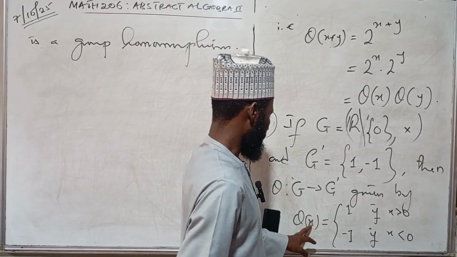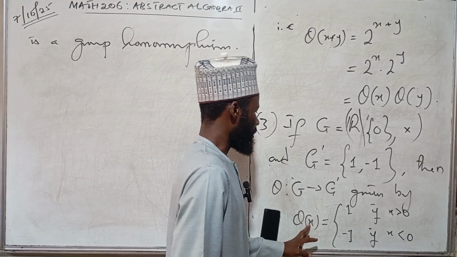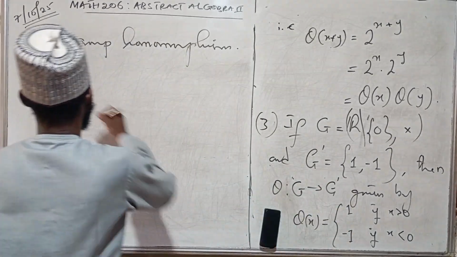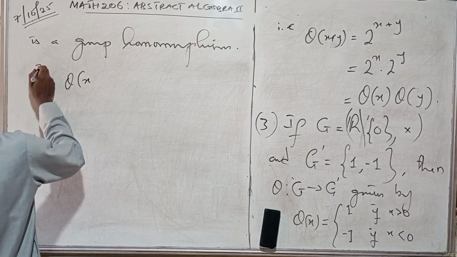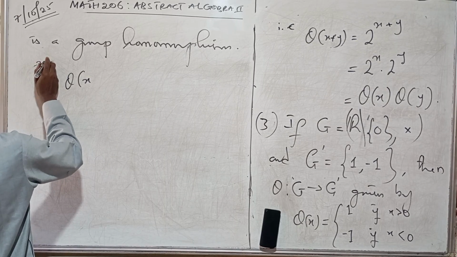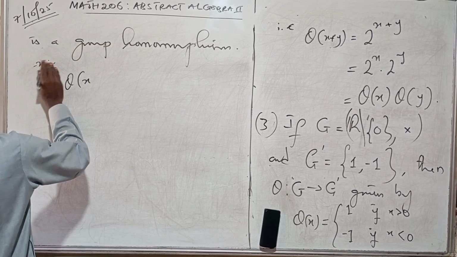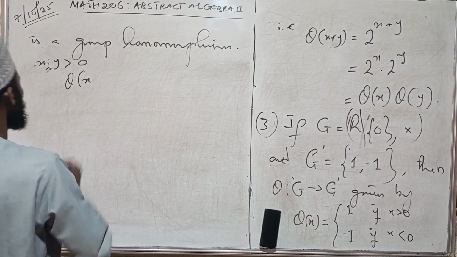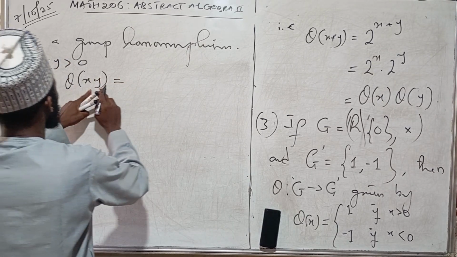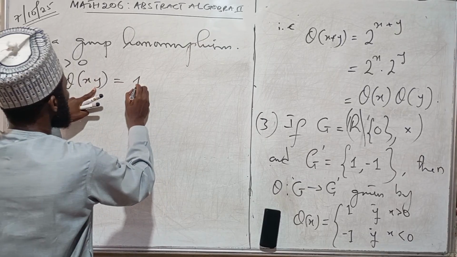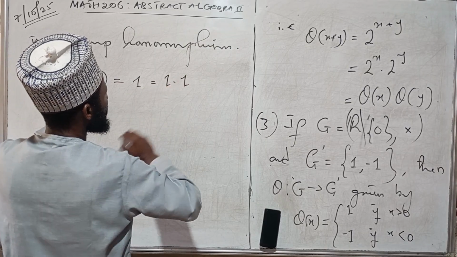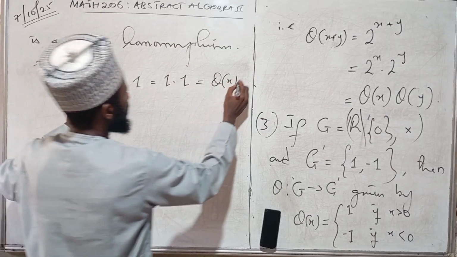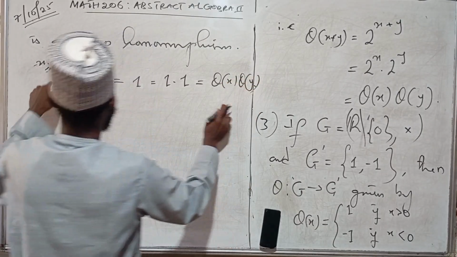For example, if both x and y are positive, then the product is positive and it is 1, and 1 is 1 times 1, which is theta x, because x is positive, and that is also theta y, because y is positive.